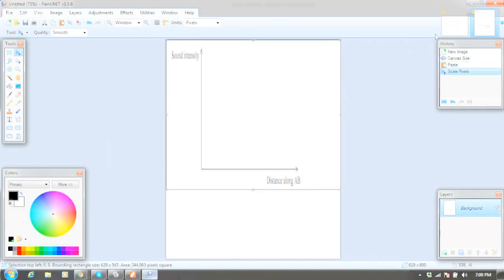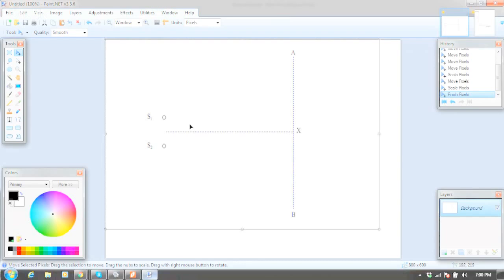So here's the graph. This was the question. Question A, intensity, how the intensity varies.